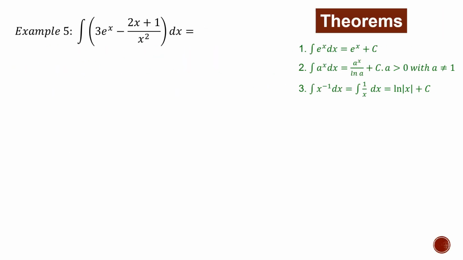We are now halfway through the examples. This is example number 5. Alrighty. So let's rewrite this first. 3 times the integral of e raised to x minus, wait, let's put the dx, minus 2x over x squared, right?